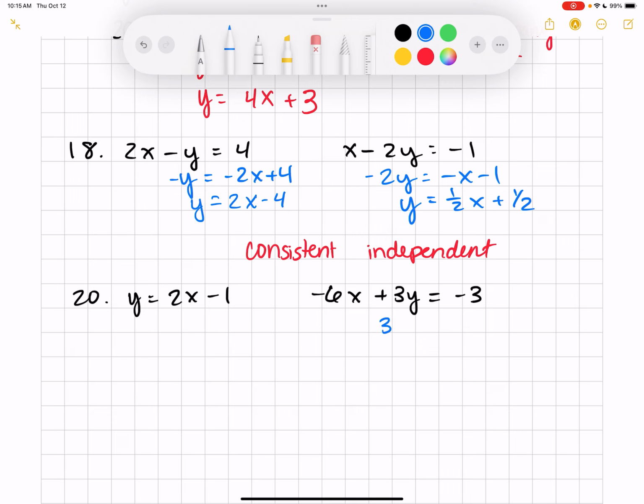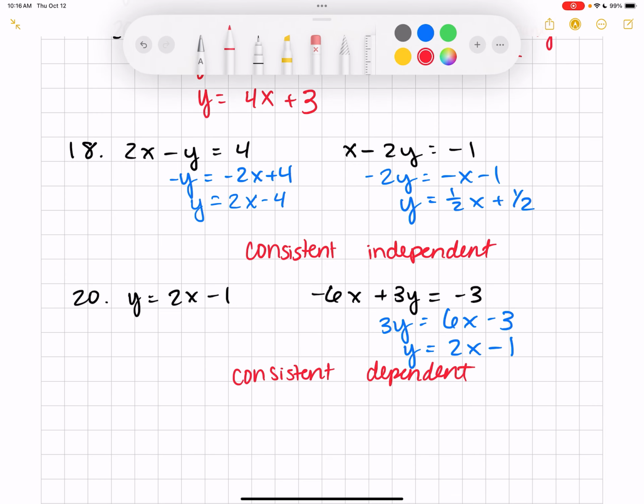So 3y equals 6x minus 3. Divide by 3. Y is equal to 2x minus 1. So what do you notice about these? So then what would my wording be? Consistent and dependent. Yep, consistent and dependent.